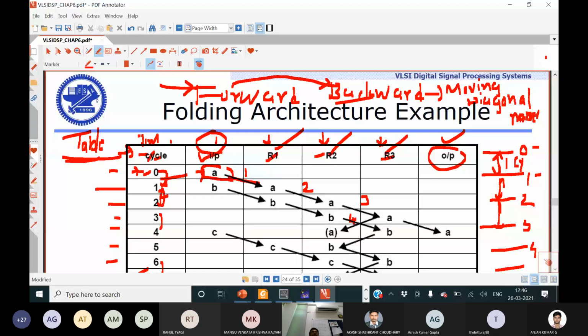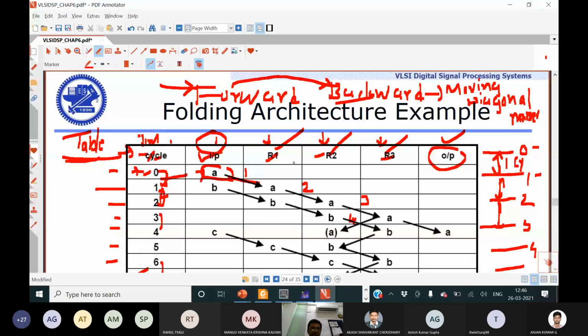The number of columns will always be the minimum number of registers that you need to take care of, and apart from that, you need to define your input as well as your output. So R1, R2, R3, and then you have an input and an output.